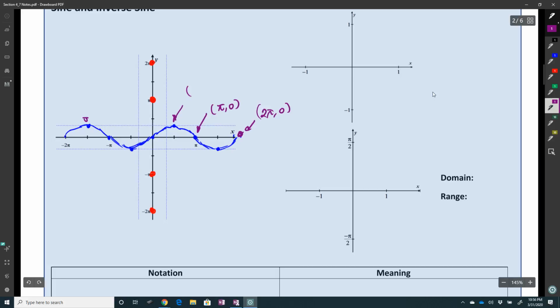This is pi over 2, 1. So if I swap it, it becomes 1, pi over 2. And that really gives me everything I need to make my sine wave. All right? And so all I did was I swapped all the x and y values.